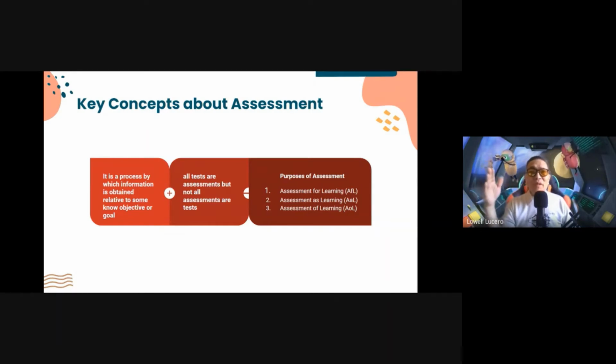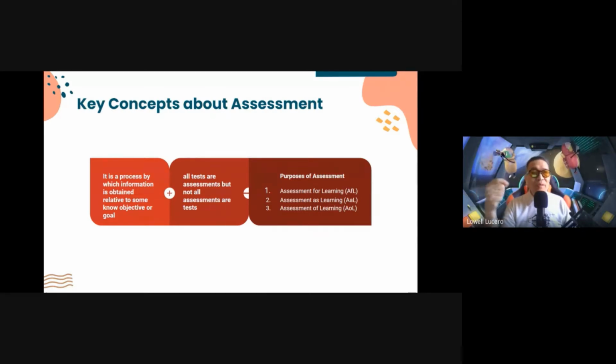Pagpasok mo sa classroom and you see that your students are misbehaving, running, jumping from one chair to another, diba? So very unruly classroom. Pagpasok ni teacher, high blood agad si teacher. So anong gagawin ni teacher? Sabihan ng mga bata, everybody sit down, we'll have a long quiz. Diba? Long test. Naging punishment yung assessment, naging punishment yung test.